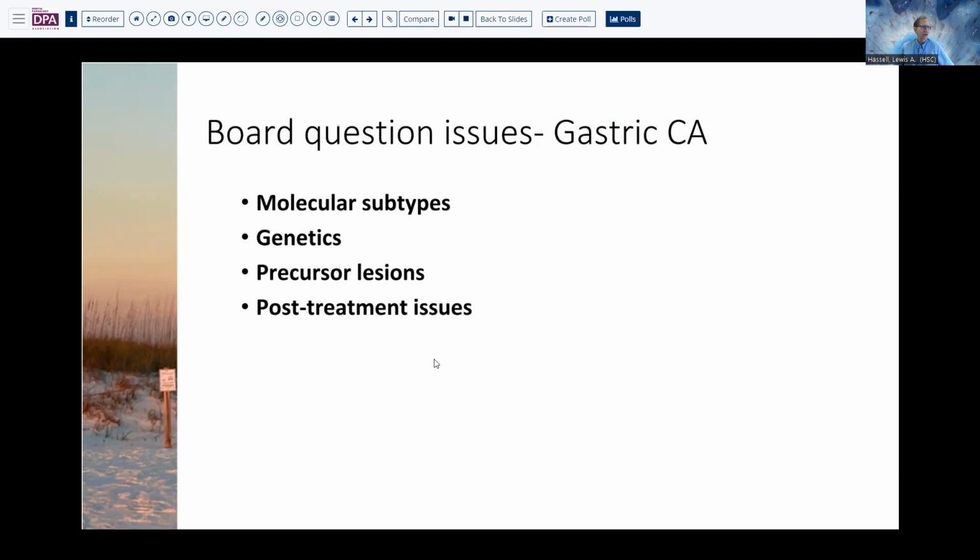And then post-treatment issues. We see more and more cases where they come to resection after a course of neoadjuvant treatment, and searching out the occasional hiding cells amidst the histiocytic reaction or amidst the radiation or chemotherapy gastritis is a particular challenge and may require immunohistochemistry or very careful examination to identify those cases.